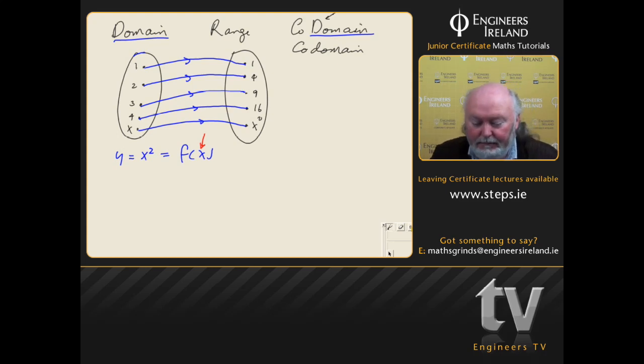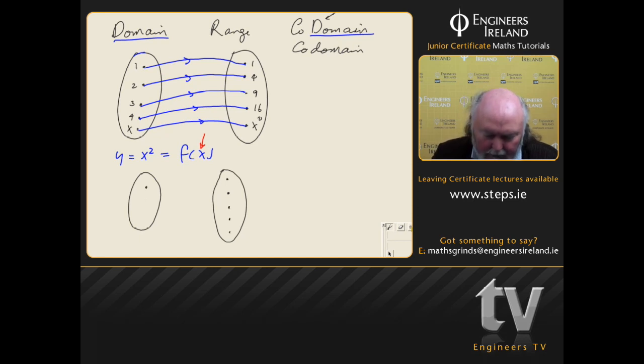Let's look at one. This is going to be a domain again, and this is going to be a codomain. And for the moment, I won't bother putting names on these and tell you what the numbers are.